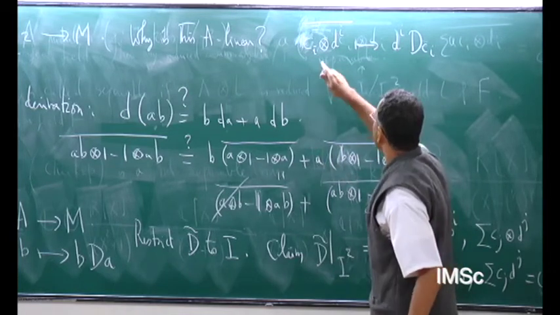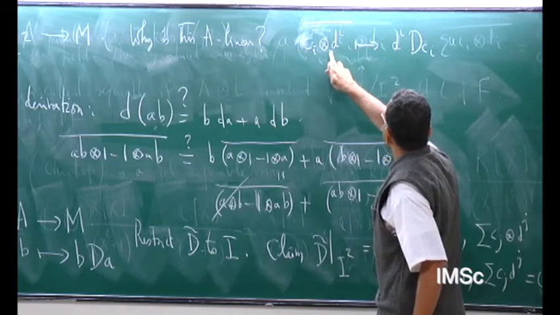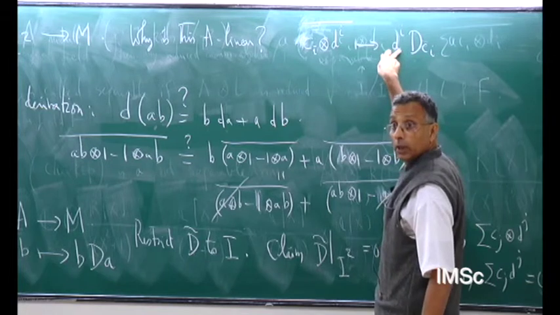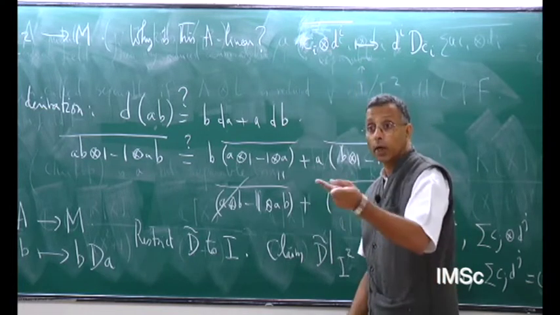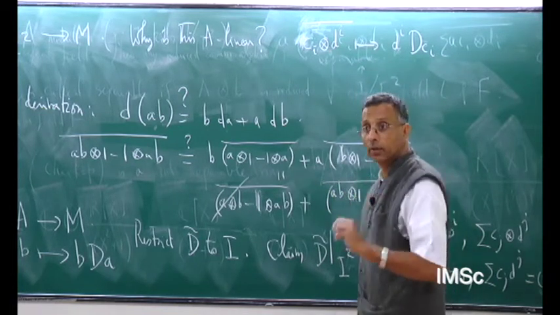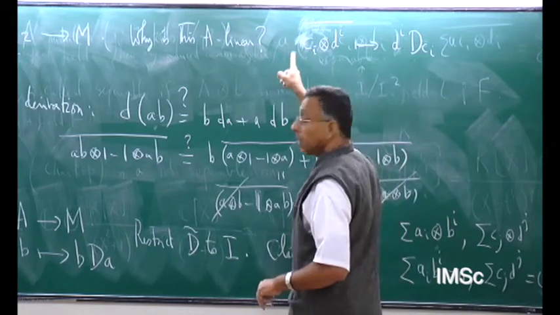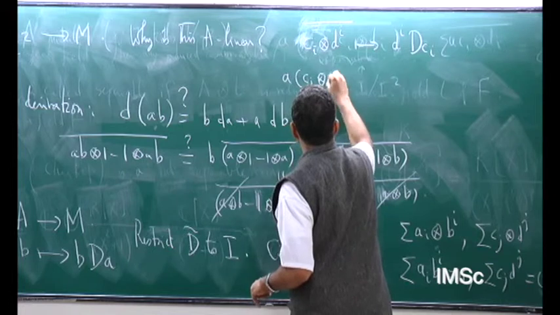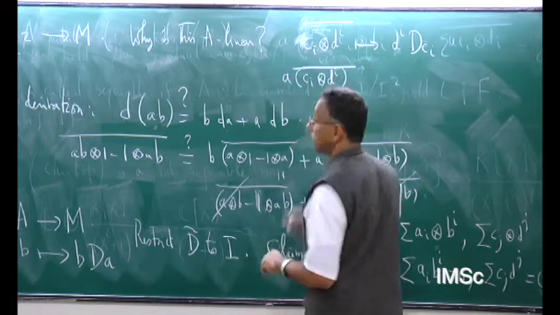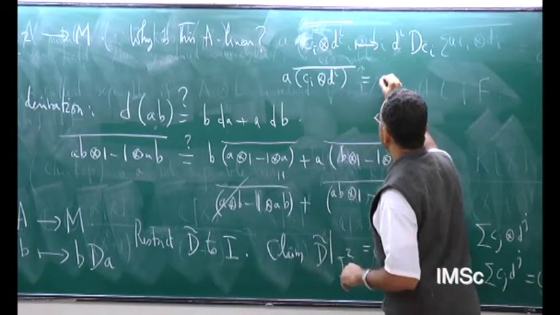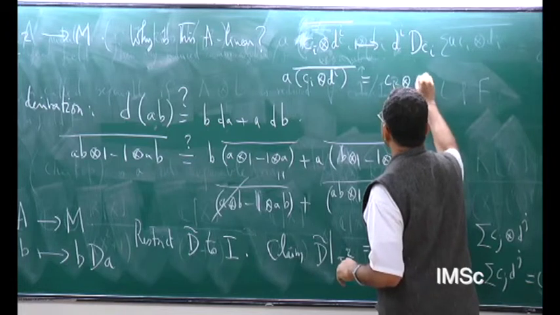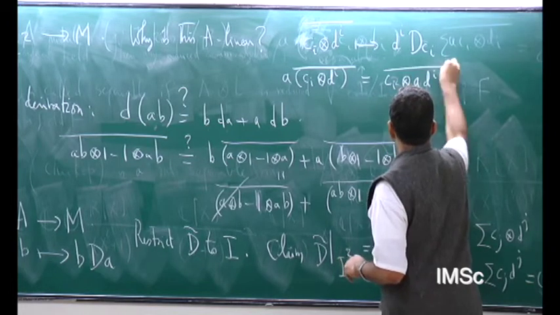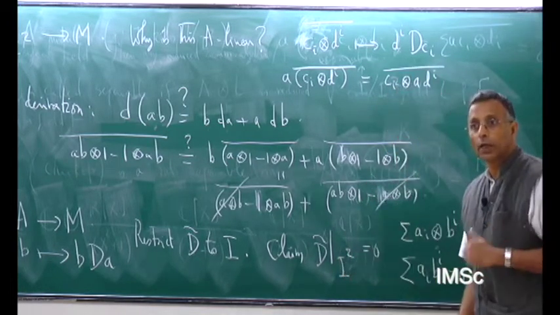I can use either one, whichever is advantageous. I notice that A of Ci tensor Di bar is equal to Ci tensor A Di bar. I use that one.